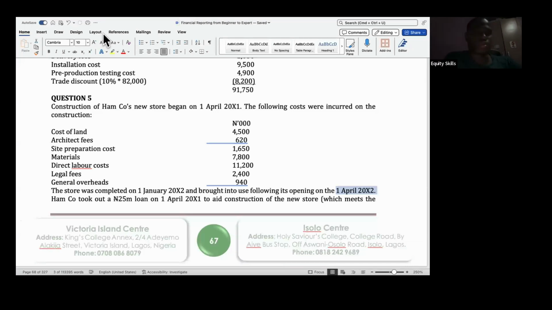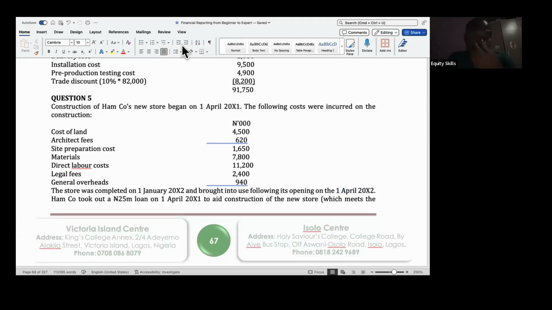That's the correct position of the standard, because this is where the asset is ready for use. It's a different thing whether you start using it. Some people would complete an asset and they will not use it until after 2-3 years. It's ready. So Latif, you are correct.